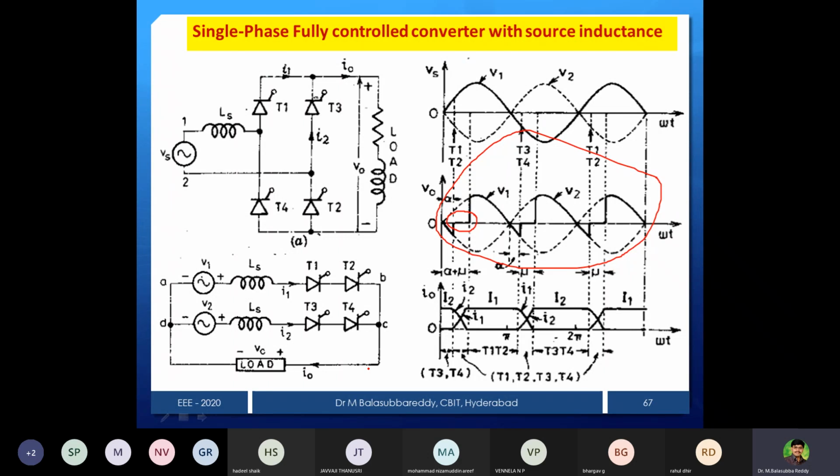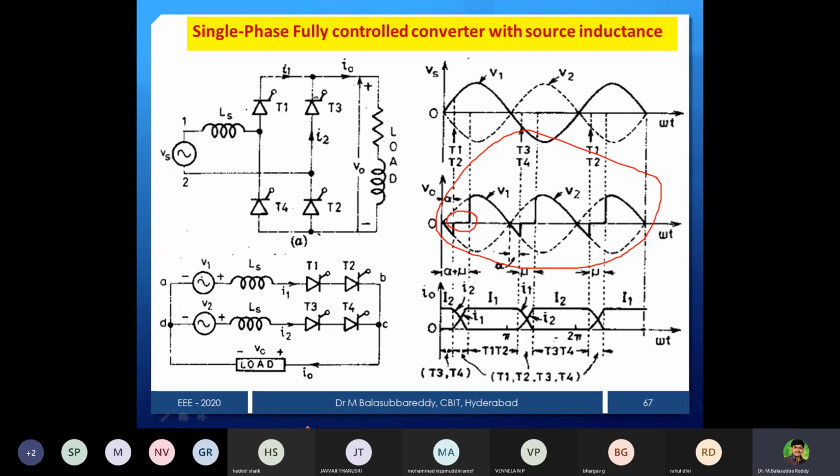We already know that. Now if you integrate this portion and subtract it from the value without source effect, the drop is automatically obtained. That is the magnitude that is going to be dropped. For that, there is a small derivation part.